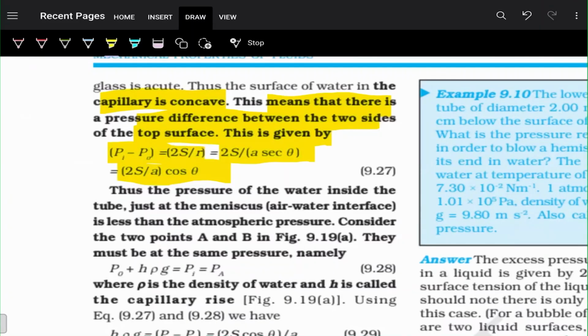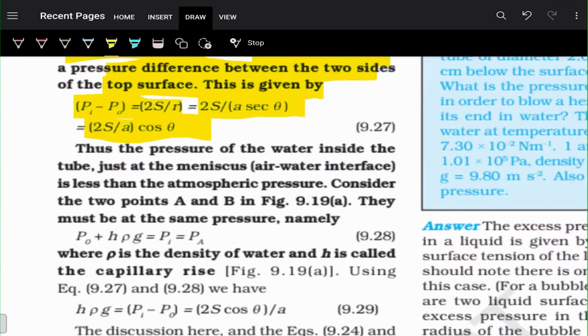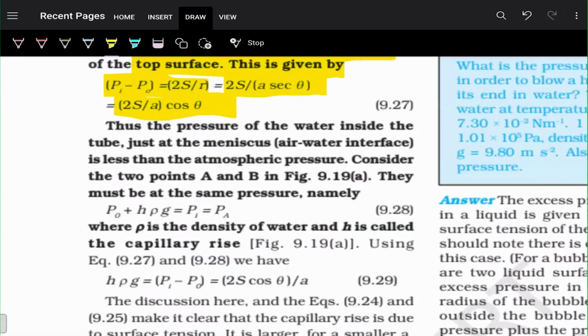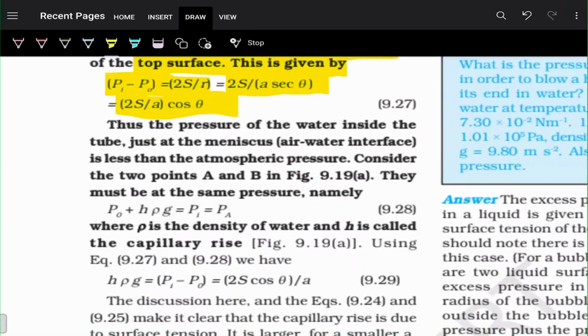Thus, the pressure of the water inside the tube just at the meniscus, that is the air-water interface, is less than the atmospheric pressure. Simple.